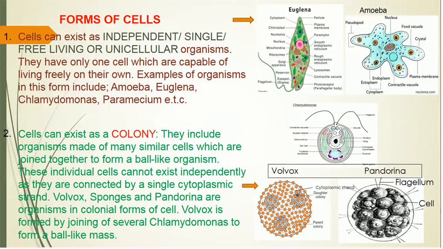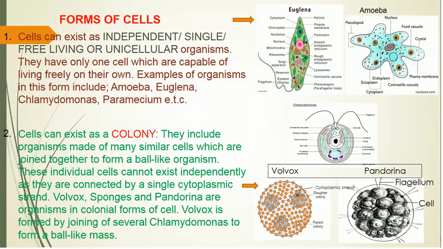They include organisms made up of similar cells which are joined together to form a ball-like structure or organism. These individual cells cannot exist independently as they are connected by a single cytoplasmic strand. The volvox, sponges, and pandorina are organisms in colonial forms of cell. Volvox is formed by the joining of several chlamydomonas cells to form a ball-like mass, as seen in the images here.